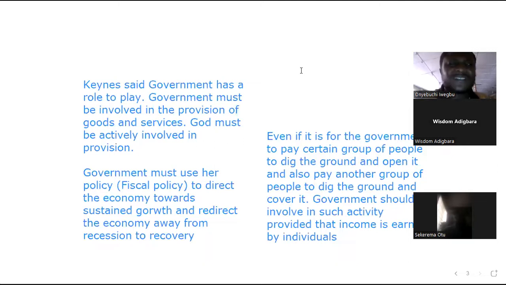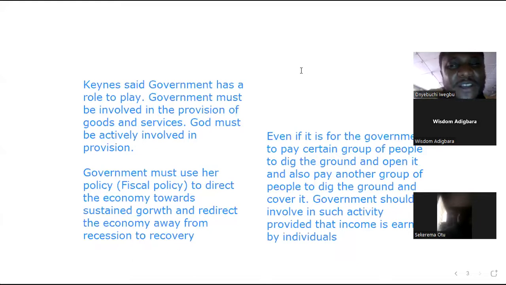That government should not just sit down and look, but government should be involved in production of goods and services. Government should be involved in provision of welfare, provision of healthcare services, provision of education, provision of income. And that is why you now have government actively involved in provision of what? Goods and services.